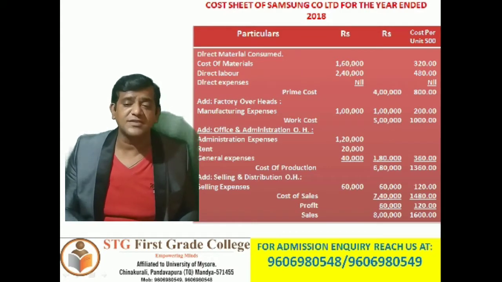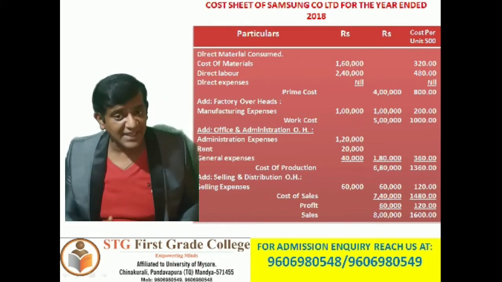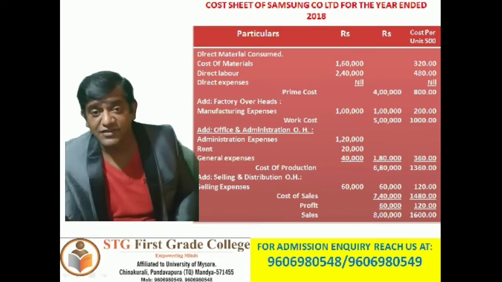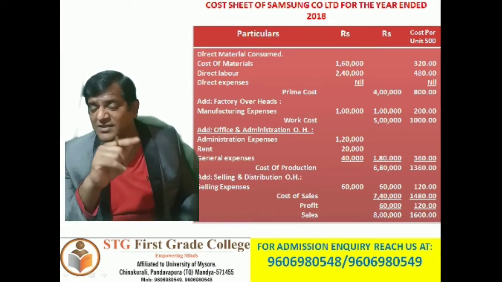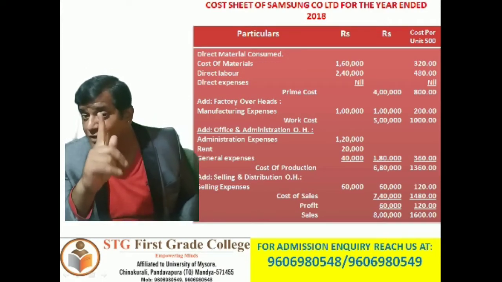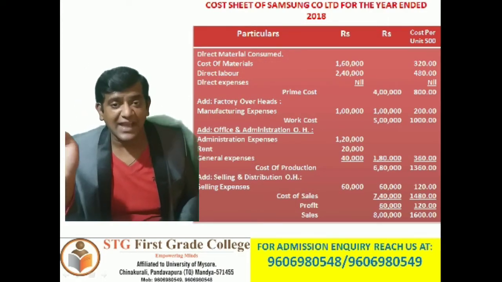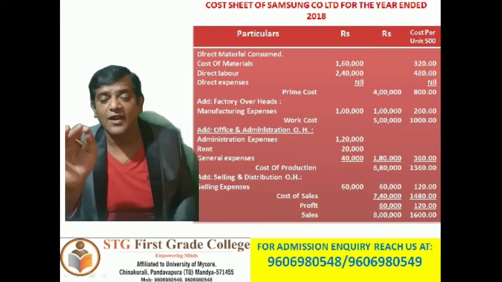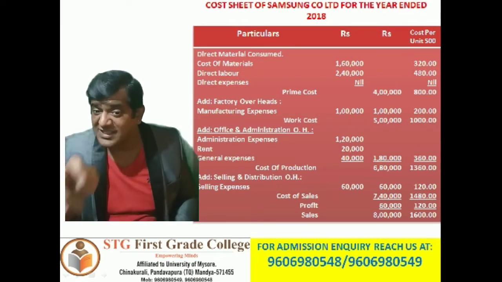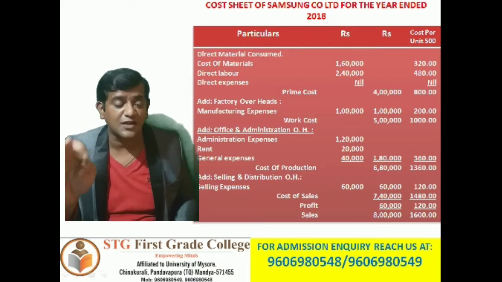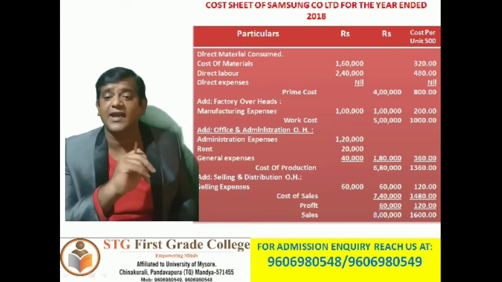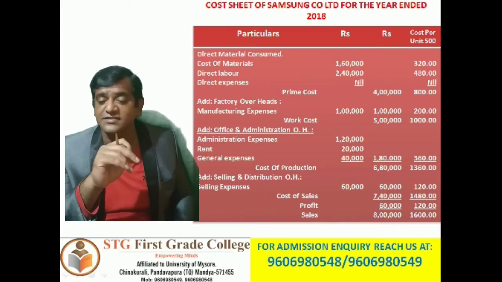Then profit, we don't know, but we know the sales. In such a case, leave the space for profit and go to the sales. How much sales has he given in the trading account? 8 lakh. So mention 8 lakh. Now to identify the profit, profit equals sales minus cost of sales. So 8 lakh minus 7,40,000, so 60,000 is the profit.